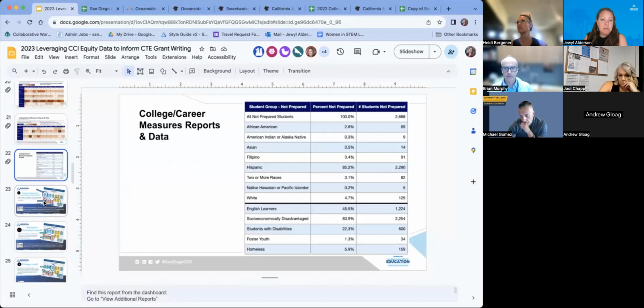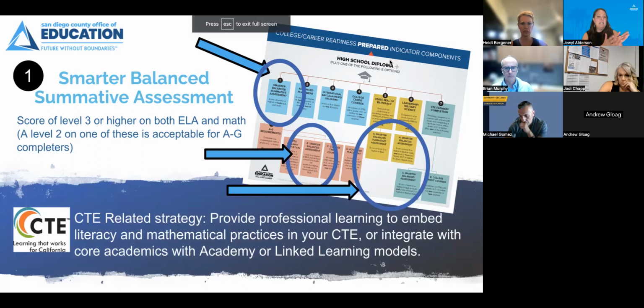All right, so let's go through each one of our measures and think about not just CTE, but where the other CCI measures can be in relation to CTE when it comes to the CCI and applying for grants.